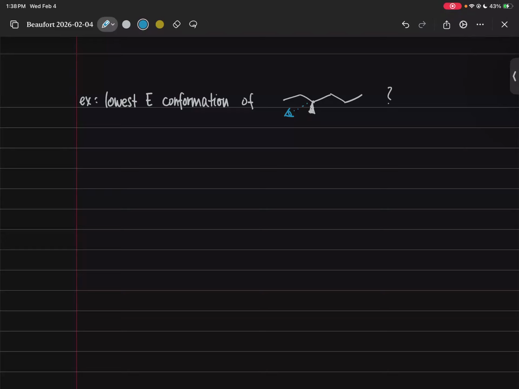So I'm going to cheat and skip the process of drawing out all of the wedges and dashes, and tell you that that is the Newman projection for that perspective of that conformation of that molecule as I've drawn it.